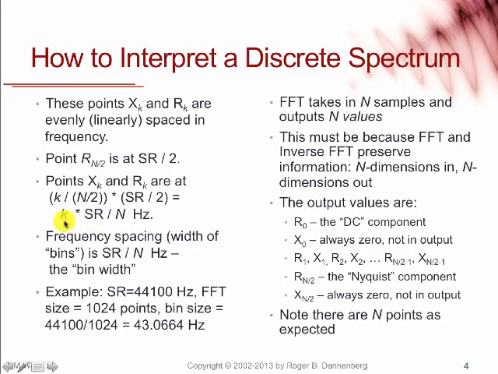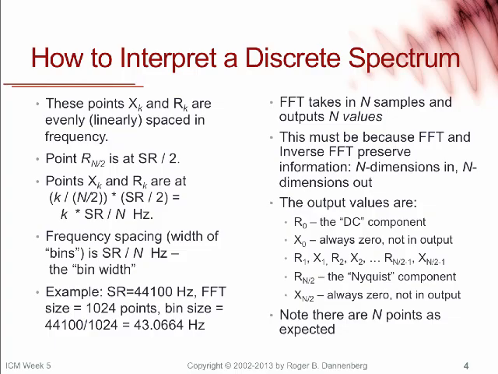And that simplifies to just k times the sample rate divided by n. Therefore, the sample rate divided by n is the frequency spacing. So between bin number 23 and bin number 24, there's a frequency difference of sample rate over n. Maybe I should say, what does it mean to say that a bin has a frequency?